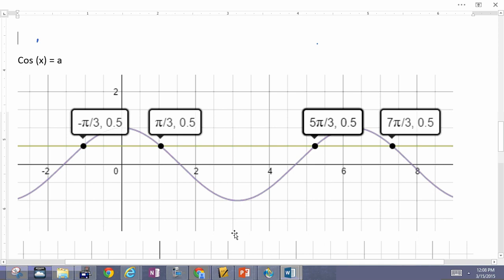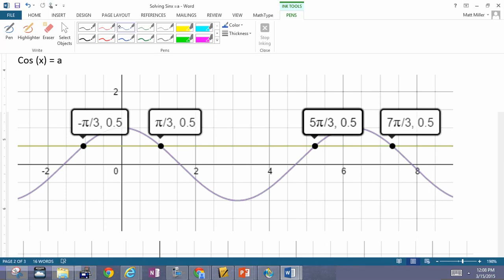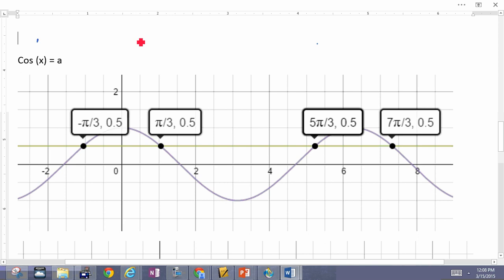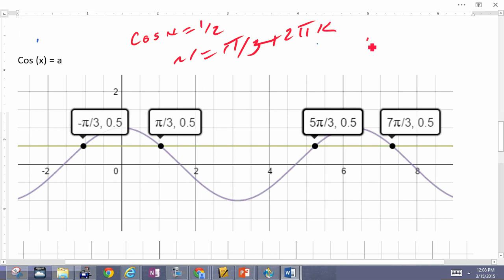So we knew that the cosine of x equaling 0.5 had two solutions, as we can see right here. Just give me a second, grab a pen. So if the cosine of x were equaling 1/2, we know that x equals pi over 3 plus 2 pi k, and 5 pi over 3 plus 2 pi k.